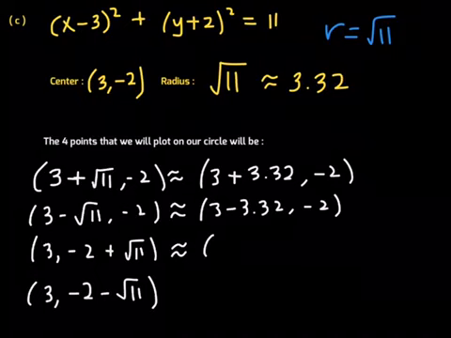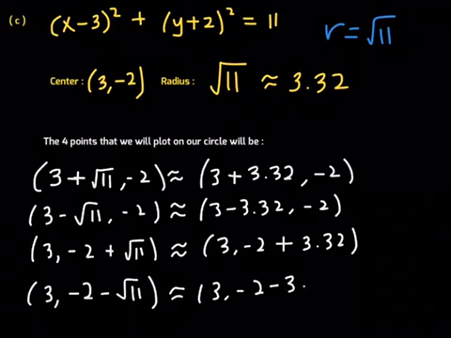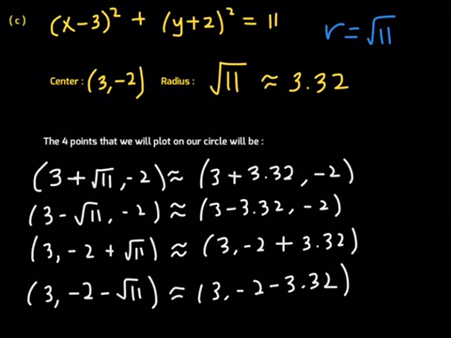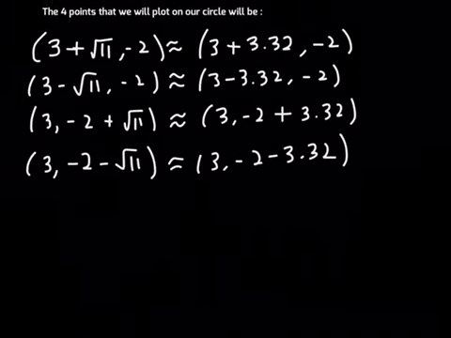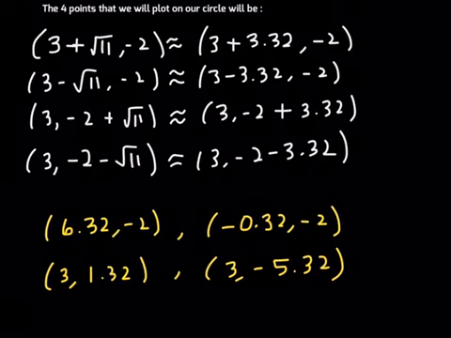This will be 3 comma -2 plus 3.32, and then this one will be 3 comma -2 minus 3.32. And again, these are approximations, okay? So then I did the arithmetic, and these are the 4 points that I'll be using to graph my circle.